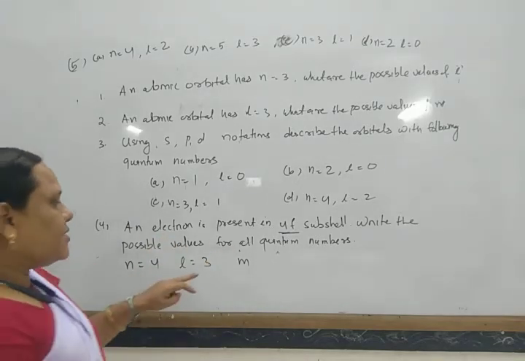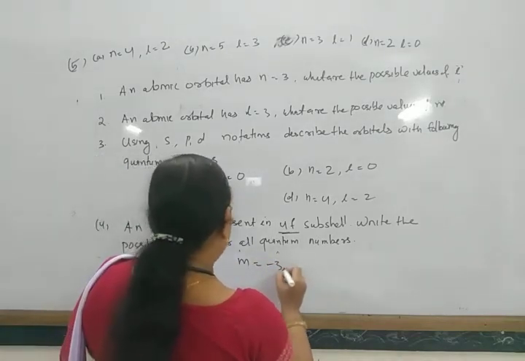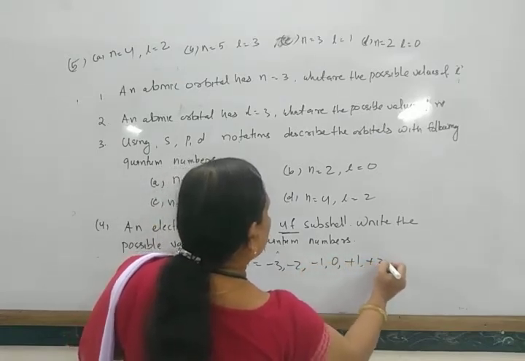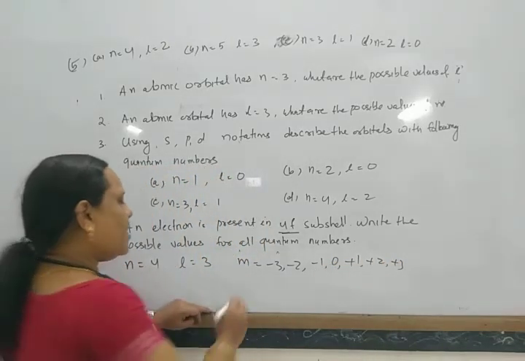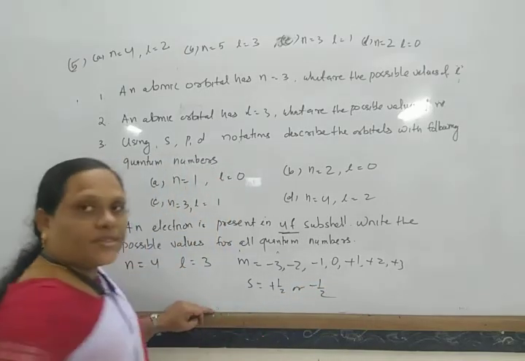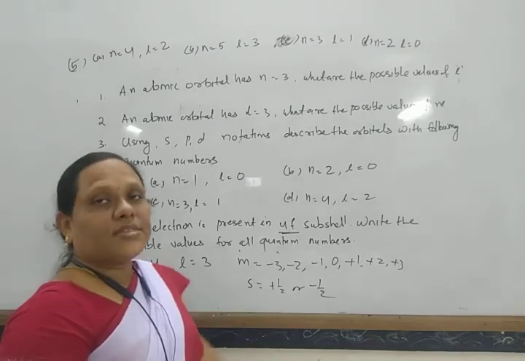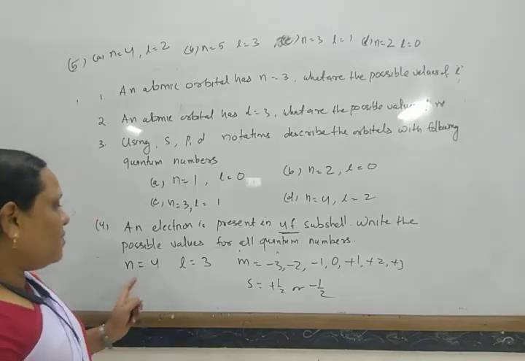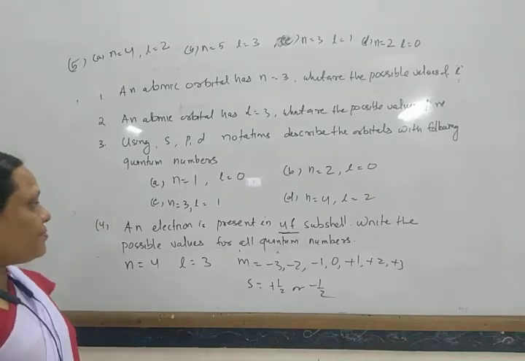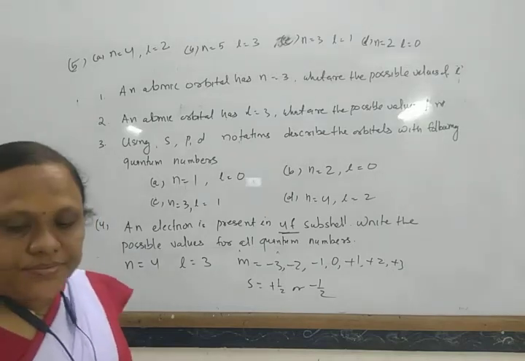But here l equal to 3, so m values are minus 3, minus 2, minus 1, 0, plus 1, plus 2, plus 3, 7 values. And s values are only 2, plus half or minus half, the spin may be clockwise or anti-clockwise. So these are the possible values for an electron present in 4f subcell. Okay, it is clear.